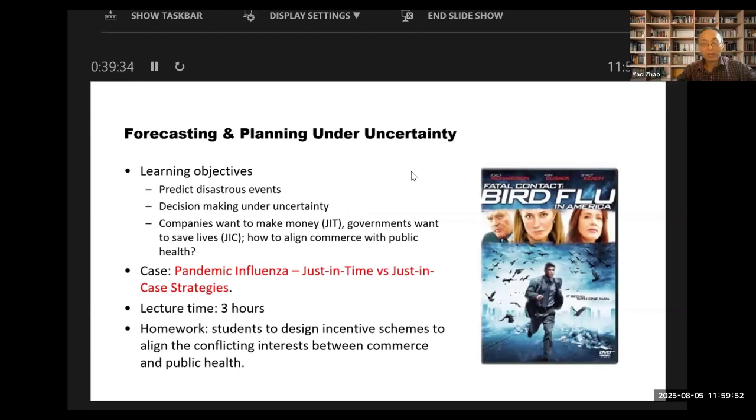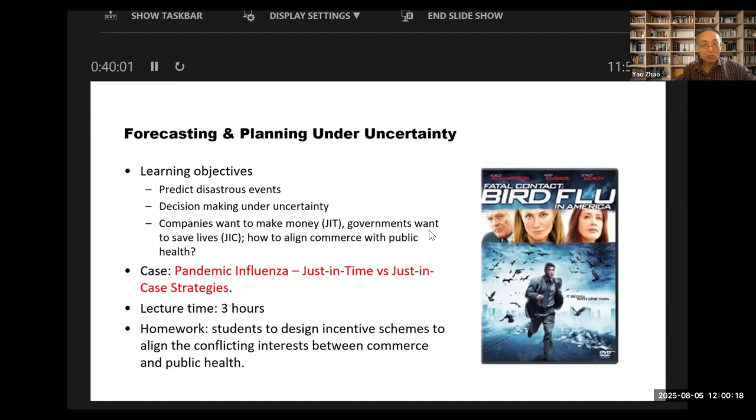Because the outbreak of the pandemic is very uncertain, it's very hard to determine how much vaccine to produce. Companies want to make money, so they use the just-in-time strategy, which is just to meet the minimum demand, because they have to bear the loss of the wasted dosages.